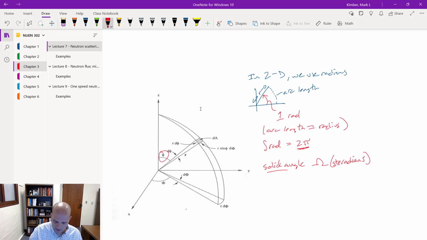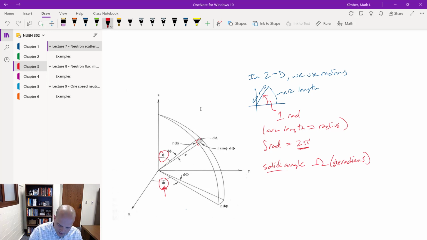We've got phi, and then we've got this azimuthal angle, capital Phi. Just like we were concerned in the 2-dimensional world with an expression for the arc length, in the 3-dimensional world we're looking at the area that this solid angle subtends, that it creates on some surface a distance r away from the origin.